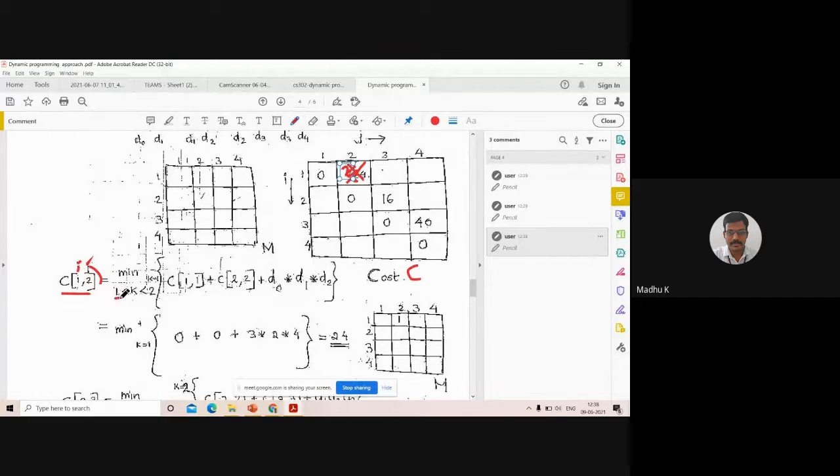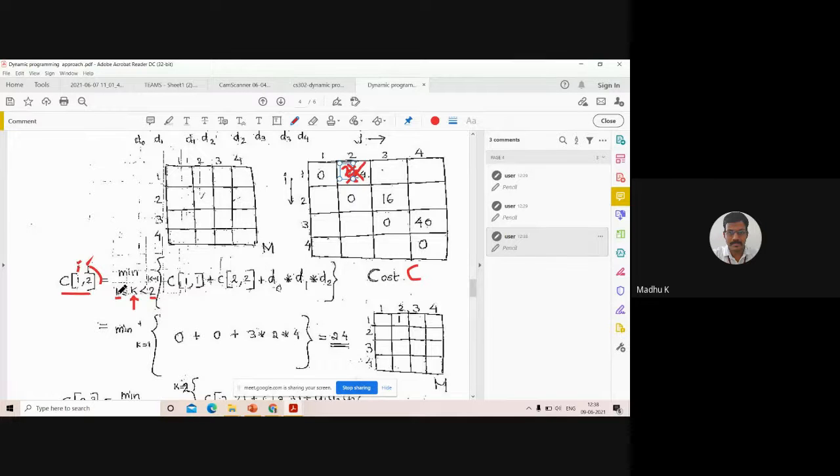Here i is 1 and j is 2, and the value of k lies between 1 and 2.